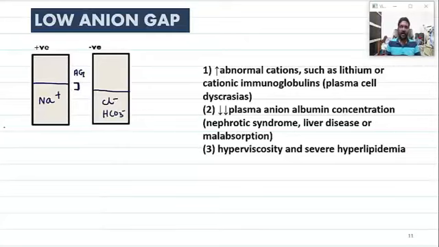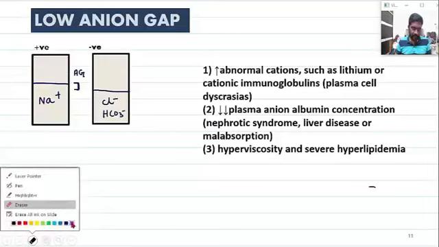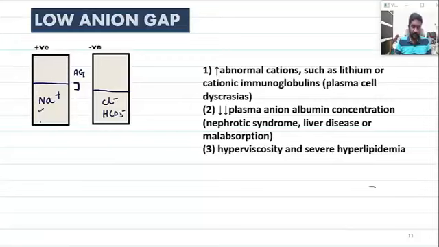So when will anion gap decrease? So if you write in simple words the important formula, we know that there is a measured compartment and an unmeasured compartment. So this is the measured compartment, and here we have the unmeasured compartment. Unmeasured positive ions are called cations, and unmeasured negative ions are called anions.